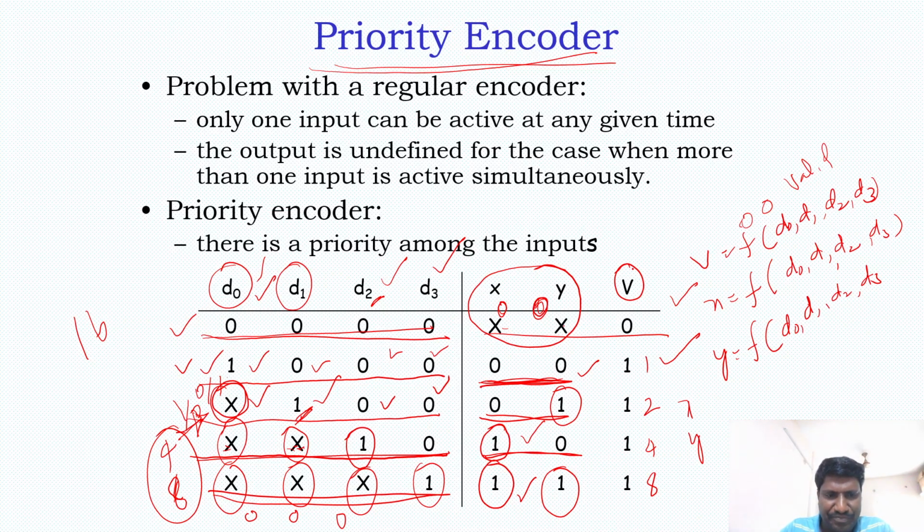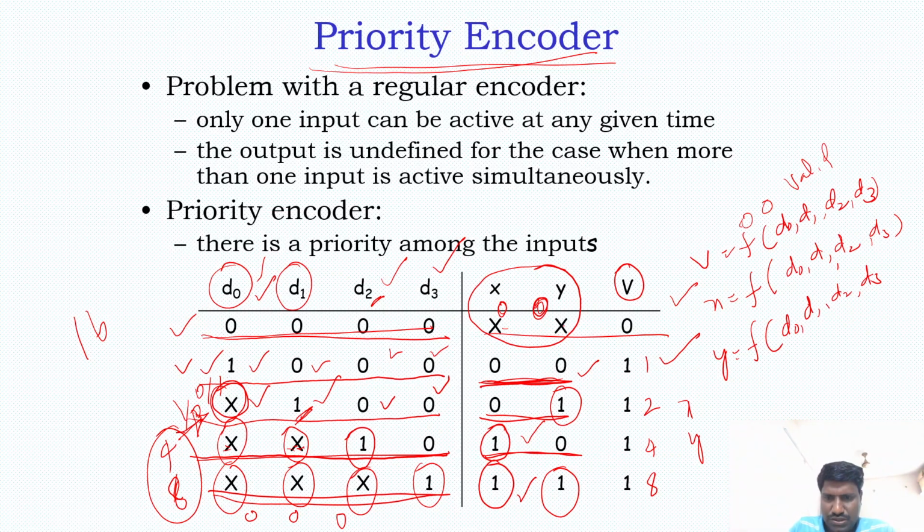Okay. K-map. What we have written as don't care here will give you 8 ones because of these combinations. Or in the K-map you can look for what is D3. When do you get D3? Here it is D2.